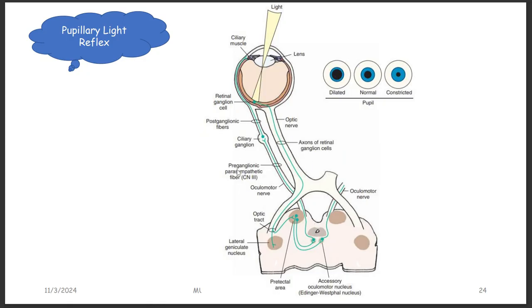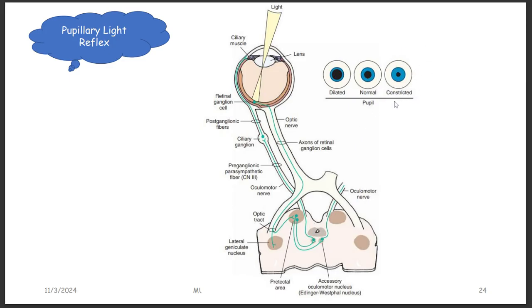And I just wanted to mention something on this one. How is it that we have got the direct pupillary reflex and the consensual pupillary reflex? We see that information is coming from this eye and the information coming from the contralateral eye. Some of the information coming from here is projecting to the lateral geniculate nucleus. But don't forget, there is also a bifurcation.